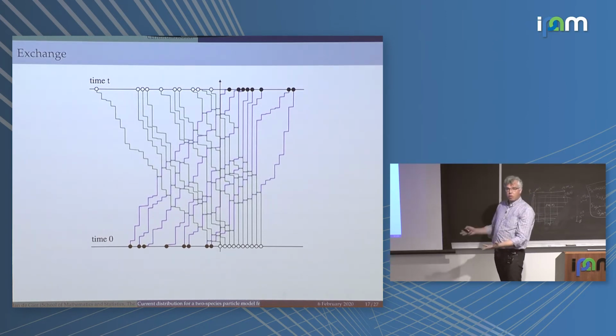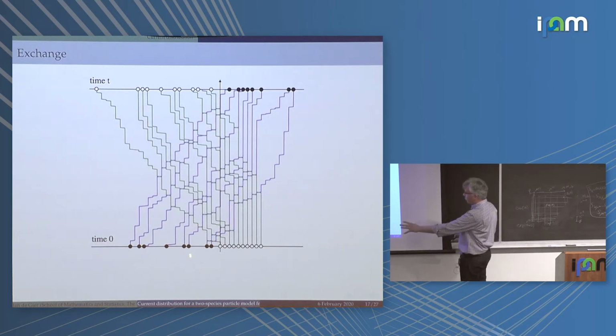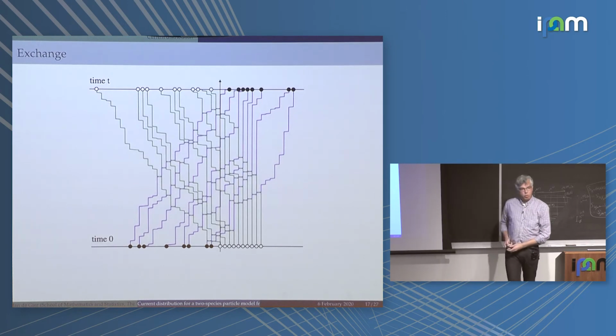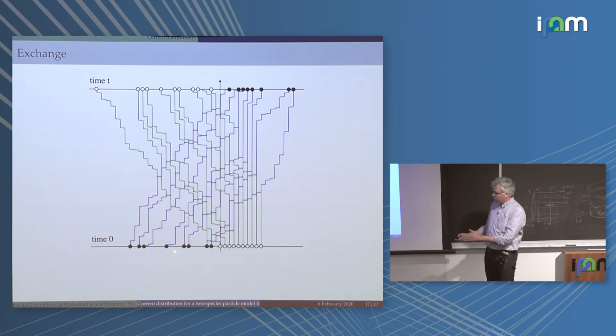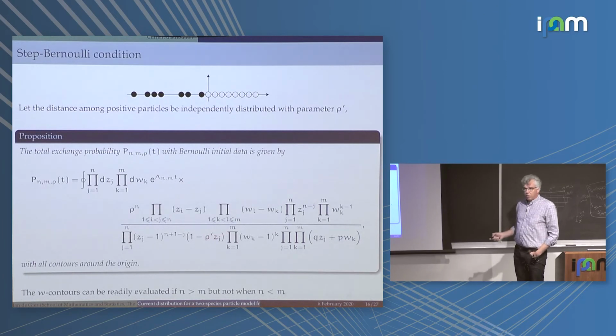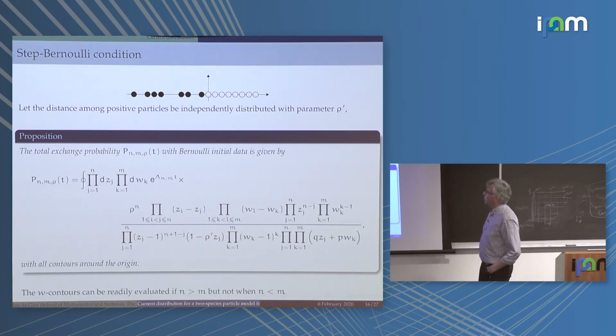So you're in the wrong scaling limit. What you need for them to cross at the right time together at the origin is that you have fewer of these, so that the average distance from the origin is the same as that of the minus particles. So the number of plus particles needs to be less than the number of minus particles to be in an interesting scaling regime. And that's precisely the case where this integral is not easy to evaluate, as expected. But it makes it interesting.